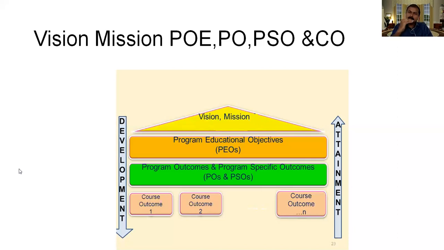And if we want to meet these program outcomes and specific outcomes, we are actually teaching only the courses. So by teaching these courses, we must be meeting the program outcomes and program specific outcomes.